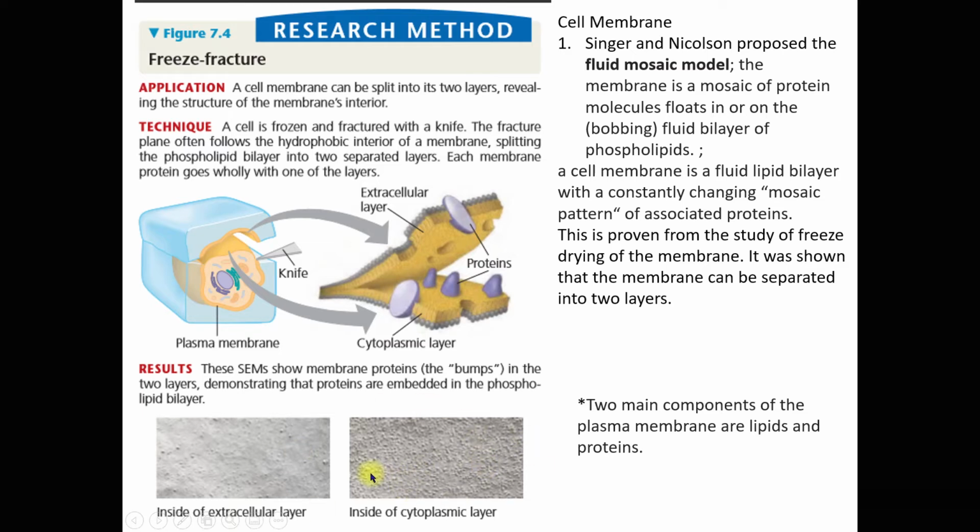Okay, this is the inside of the cytoplasmic layer. It means the inside of the cytoplasmic layer is the part that is inside here. Okay, you can see many protein projections here. The extracellular layer is here. This is the extracellular layer because this layer is facing the outside of the cell, the interstitial fluids.